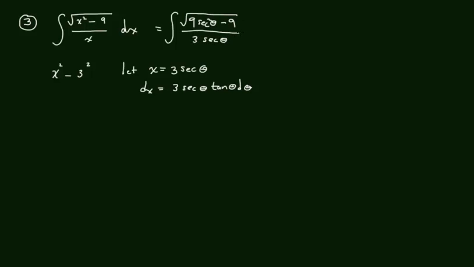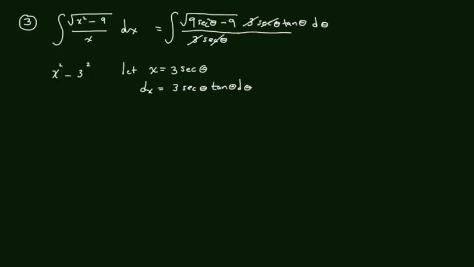And now I have my dx, and my dx is 3 secant theta tan theta d theta. Alright, right off the bat, I can cancel this with this and this with this.